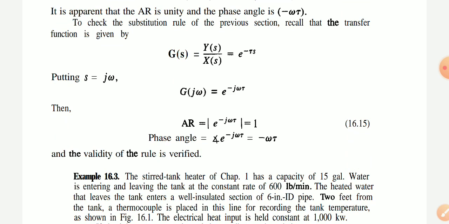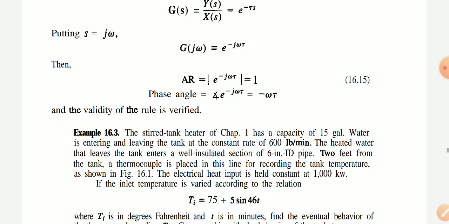Then the amplitude ratio is |e^(-j omega tau)| = 1, and the phase angle of e^(-j omega tau) is minus omega tau.